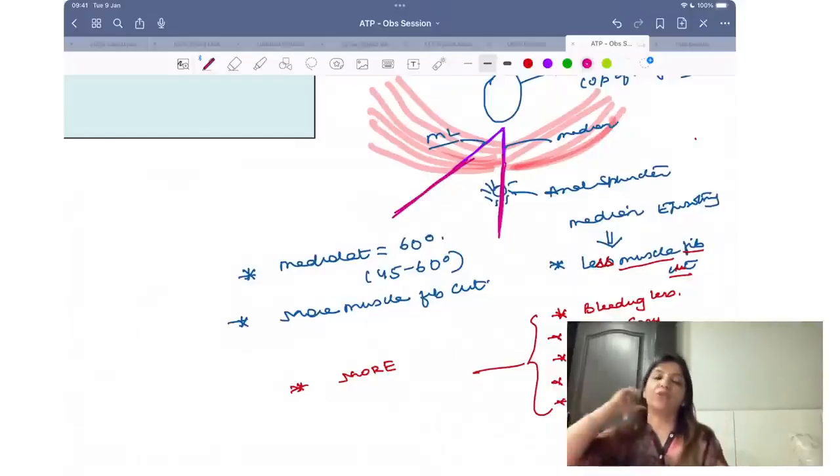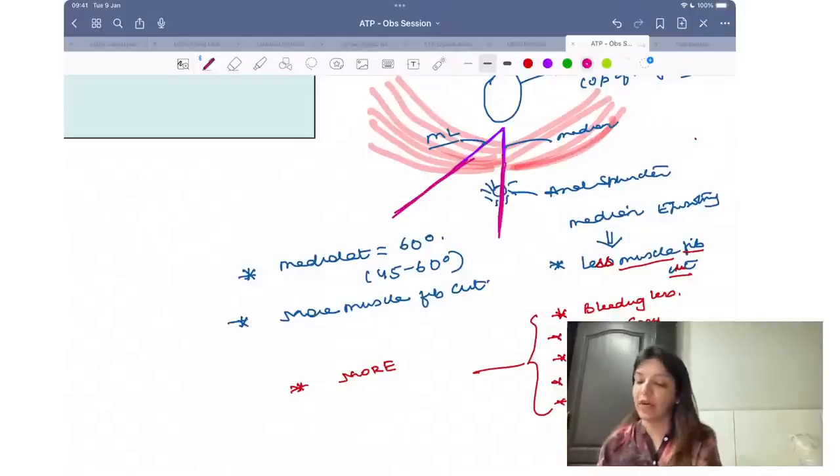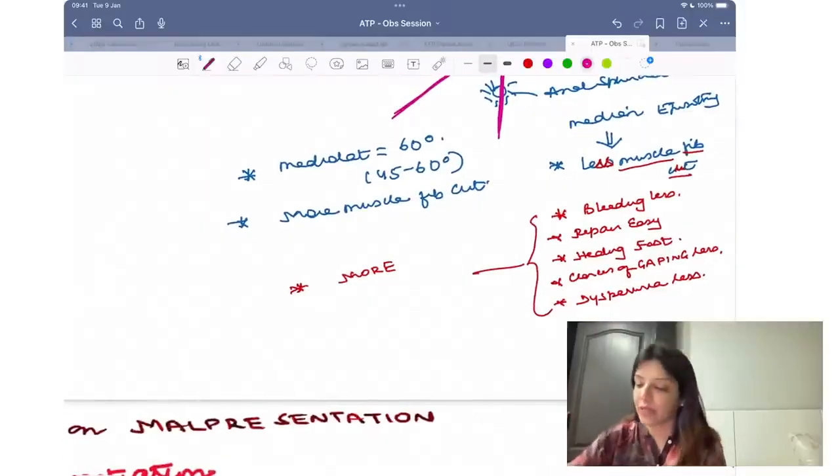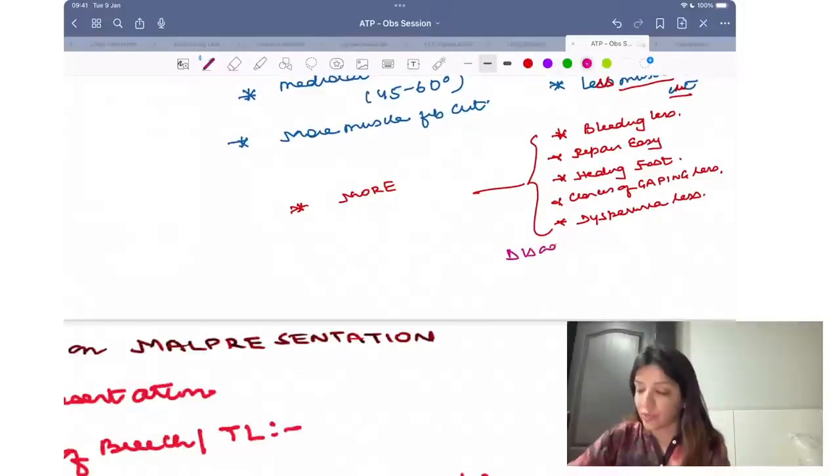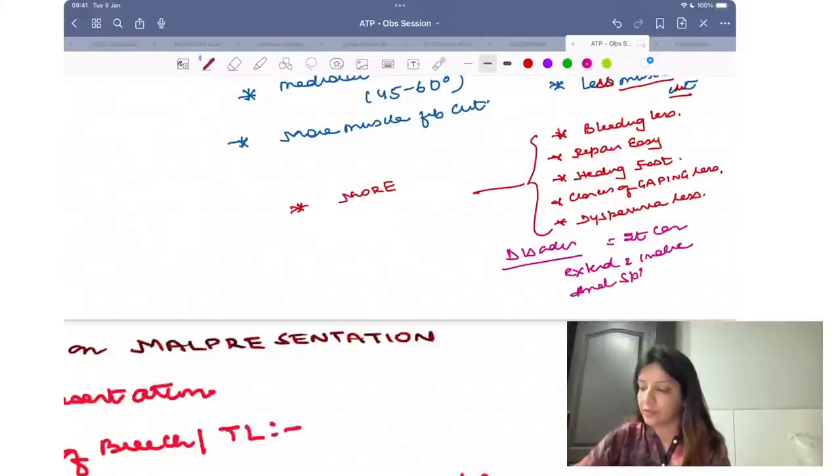And that is why we don't prefer median episiotomy. The biggest disadvantage of median episiotomy is it can extend and involve the anal sphincter.